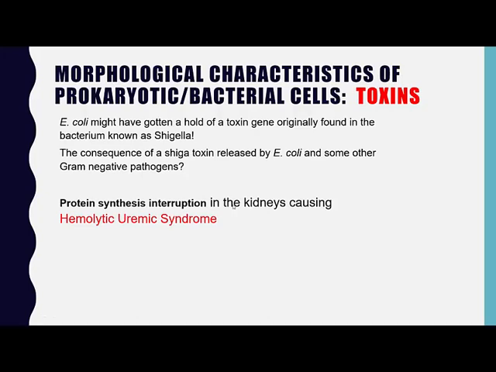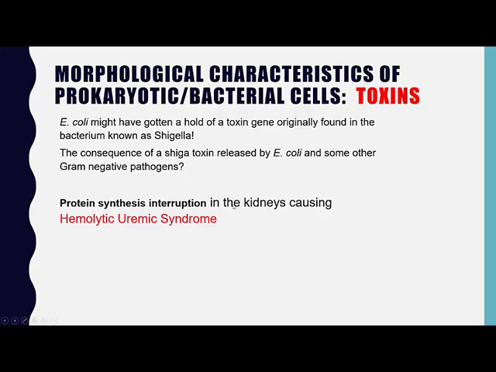What does this toxin do? The problem is that because it's an exotoxin, it can leave where E. coli is hiding out, and it can end up in the kidneys. Now, the bacterial cell, E. coli or any other, is not in the kidneys, but there's going to be kidney damage. Why?